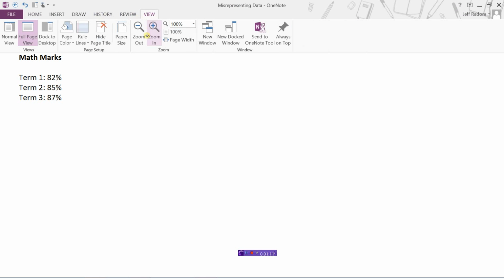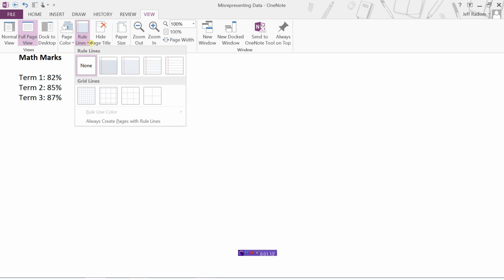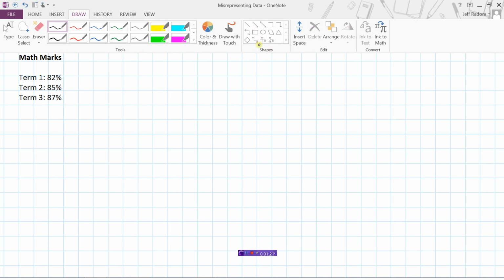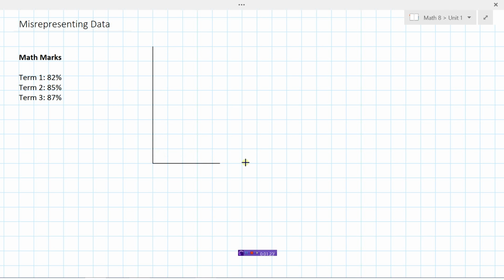So let me just get some grid lines on here, and then we will draw a graph. We'll make this 10%, 20, 30, 40, 50, 60, 70, 80, 90, and 100.